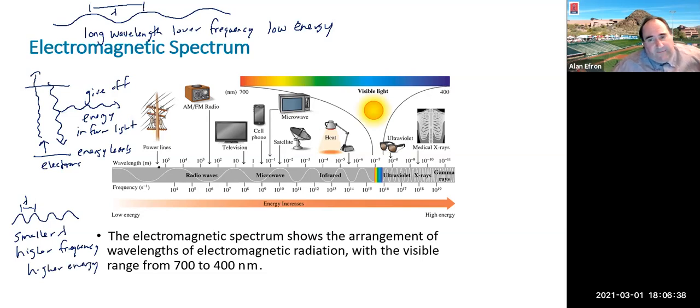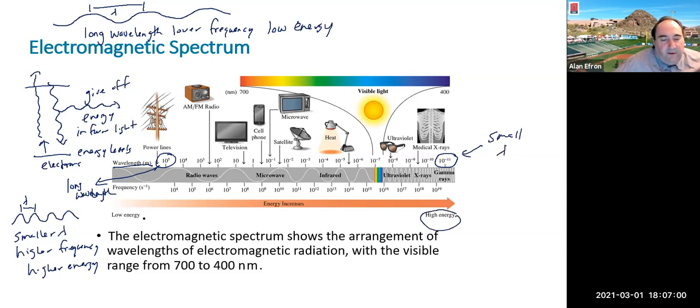So this is what is referred to as the electromagnetic spectrum. And here's the wavelength. And this is long wavelength over here. And over here, 10 to the minus 11 is a small wavelength. And we see higher energy on this side, lower energy on this side.